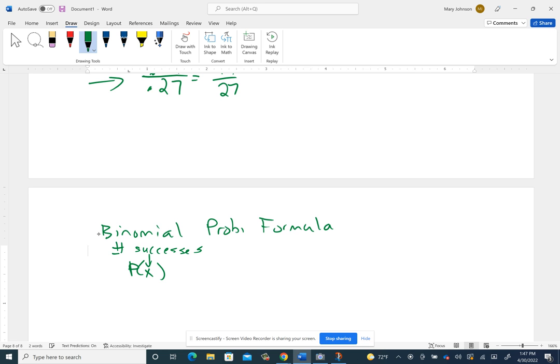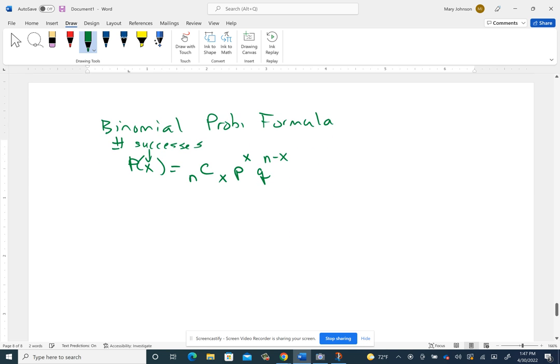Okay. And we know that that equaled n choose x, probability of success raised to the x power, probability of a failure raised to the rest, the n minus x.